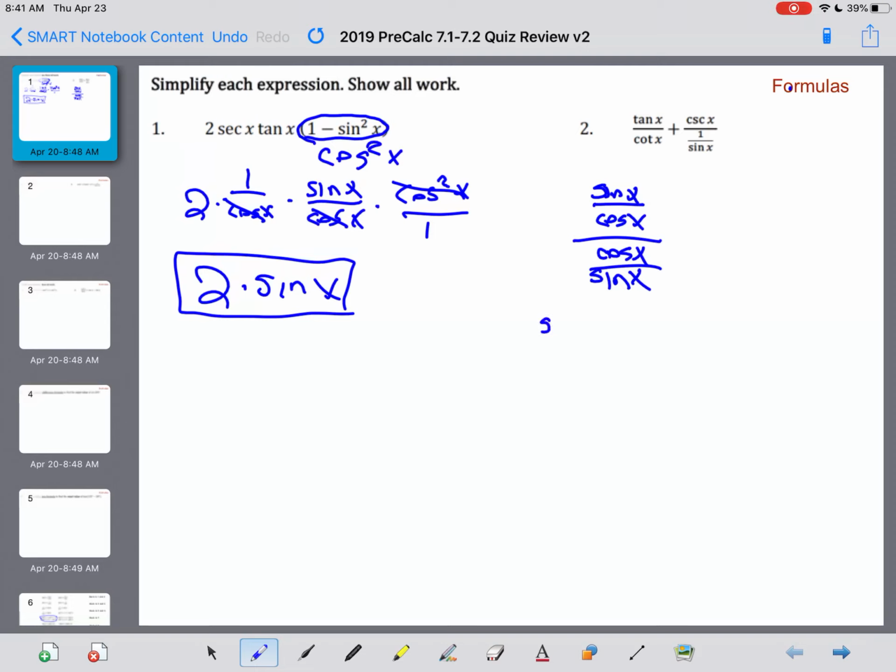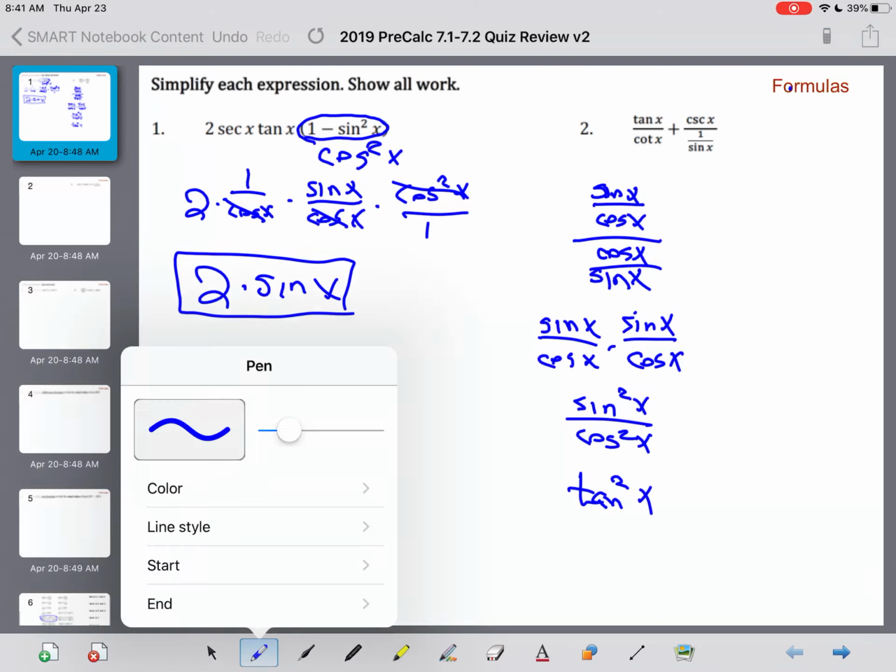And if I take the top fraction and multiply by the reciprocal of the bottom fraction, I get sine squared x over cosine squared x, which is just tangent squared x. So that side is done.